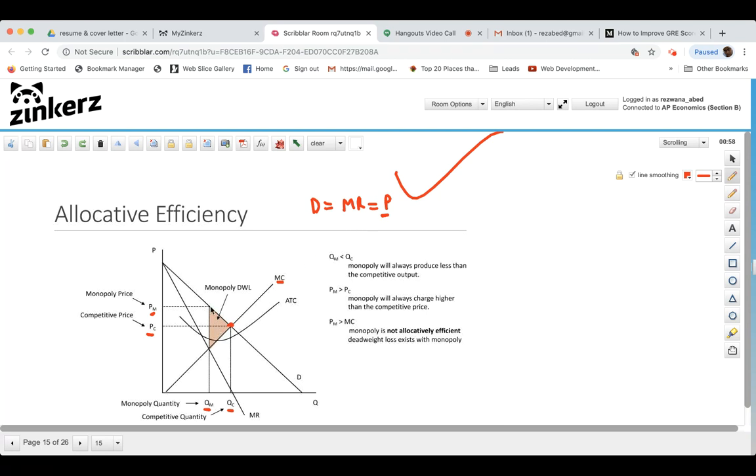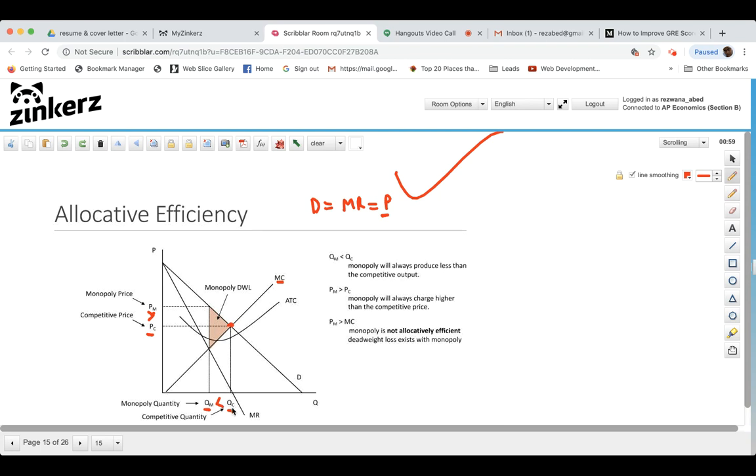So just this idea that, if you look at QM and QC, hopefully you notice that QM is less than QC and PM is greater than PC. So monopolists charge a higher price than perfect competition, and they produce a lower quantity than perfect competition.